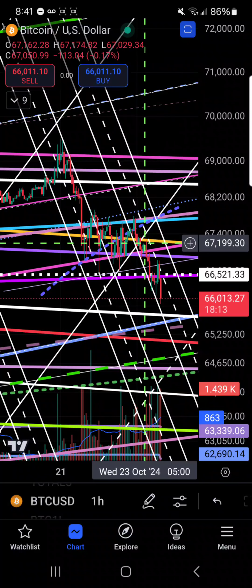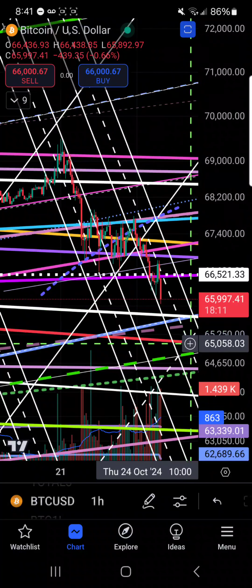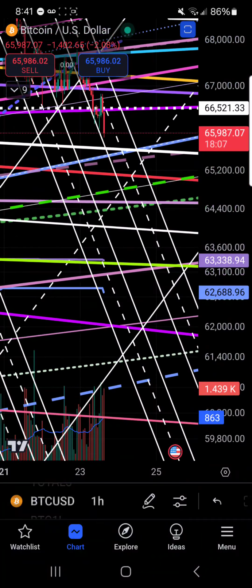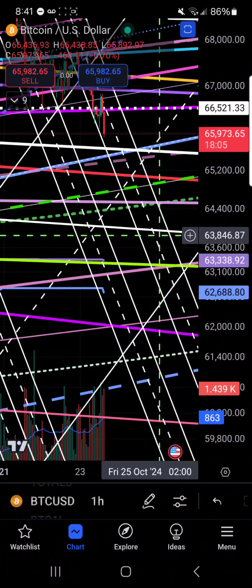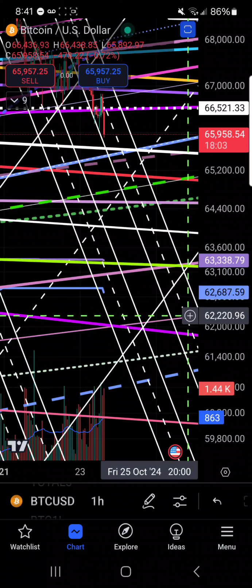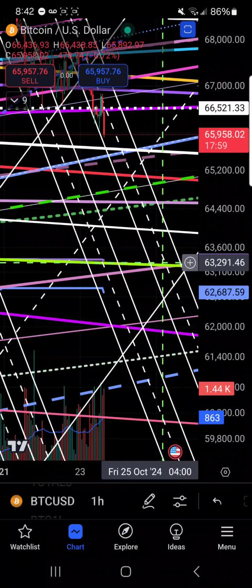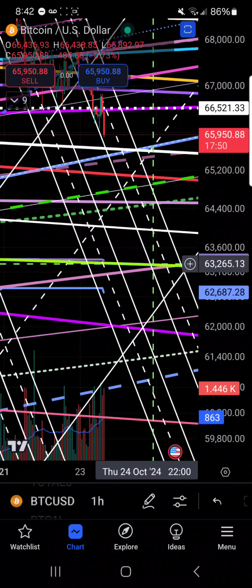We move over a little bit, we go down a little bit more, and if we continue down in this channel right here, well, we would be at the 63K mark Friday. So there is a potential if we stayed down there.